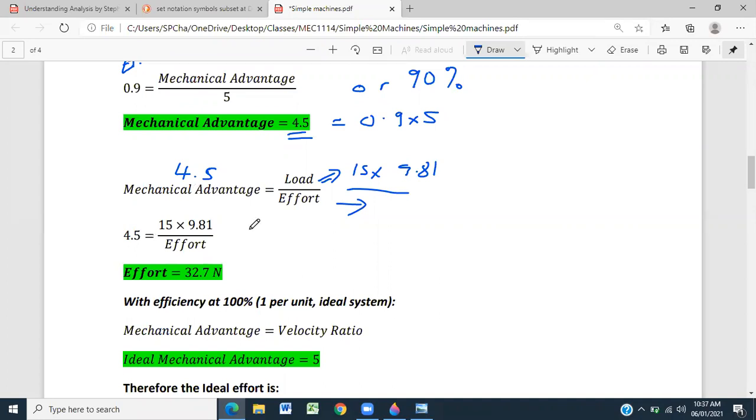Solving for effort, we get that the effort is equal to 15 times 9.81 divided by 4.5. Breaking this down, we should get the effort being equal to 32.7 newtons, just like before, nothing new. The only thing new is that we converted 15 kgs using the gravitational constant, right, to weight.